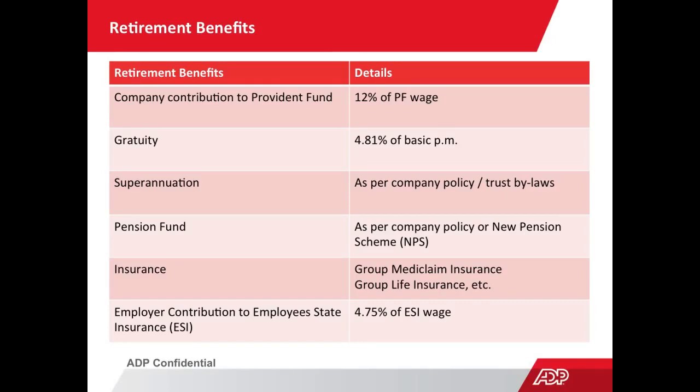So 15 divided by 26 divided by 12 into 100, you get this percentage of 4.81%. Generally companies capture whatever is paid or contributed towards the gratuity fund as a cost to company while computing the total cost package for the employee.